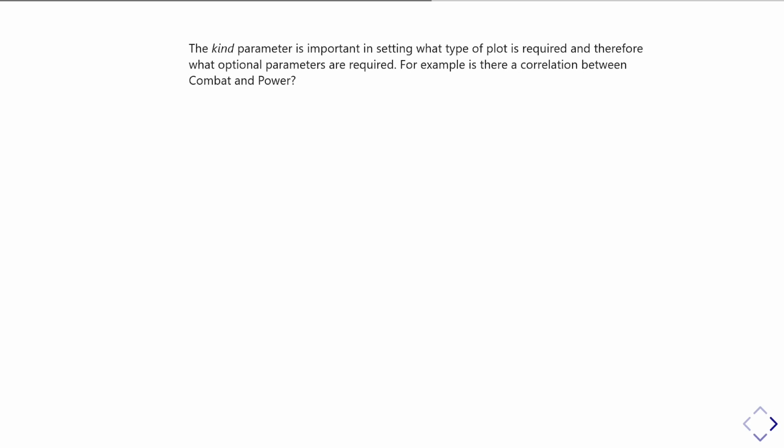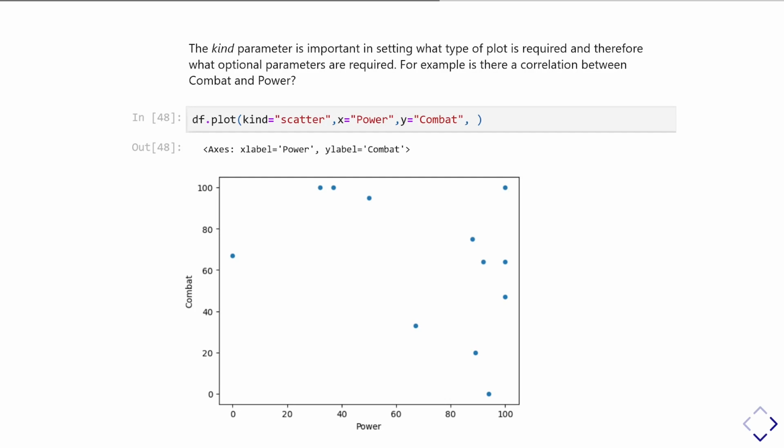The kind parameter is the key thing in telling it what kind of plot we want, and therefore what kind of bits of data we're giving it. So for example, if you want to ask whether there is a correlation between combat and power, we could make a scatter plot.